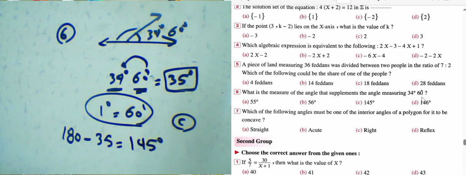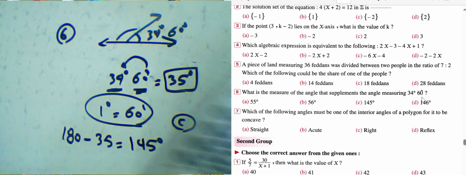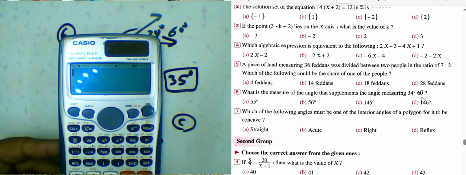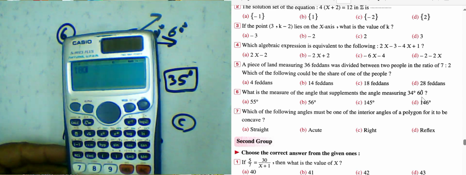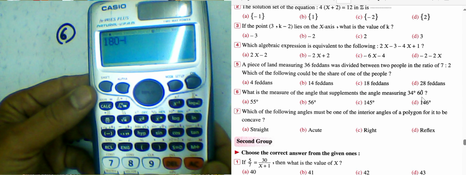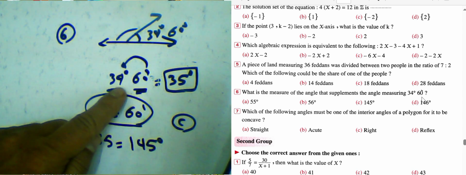Or you can use a calculator to find the result. It's very easy to find the result using a calculator. Look with me at the steps using the calculator here. Now I will write 180, okay? Write 180 subtract the numbers here, 34 degrees and 60 minutes.